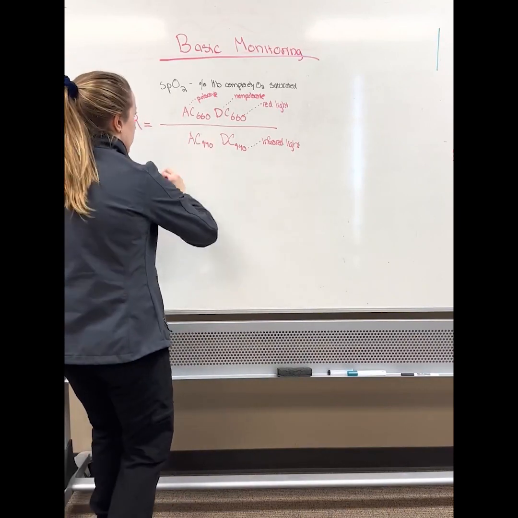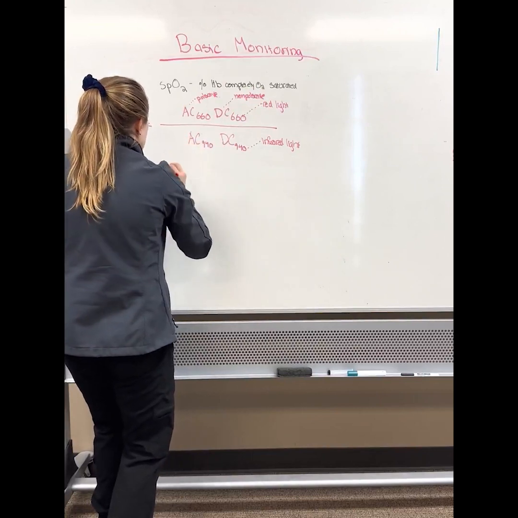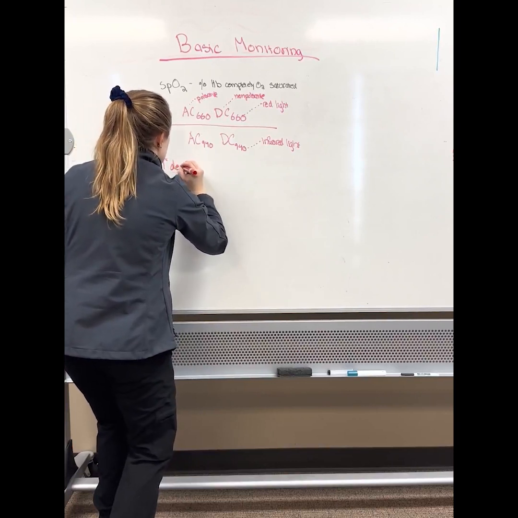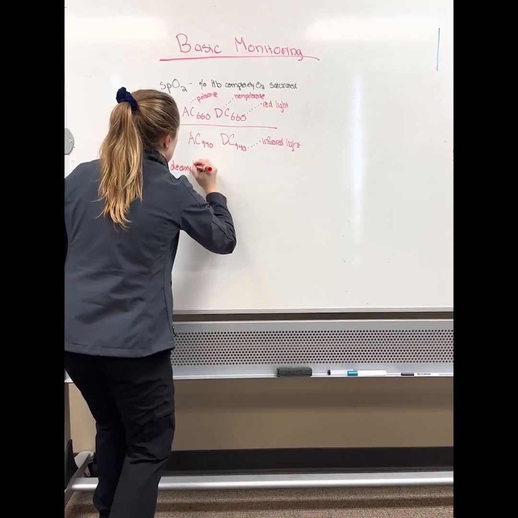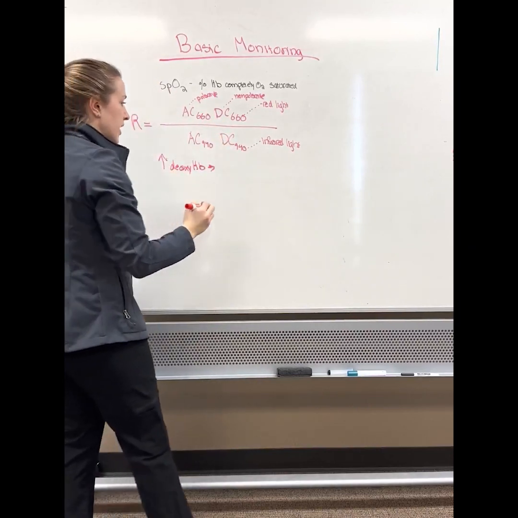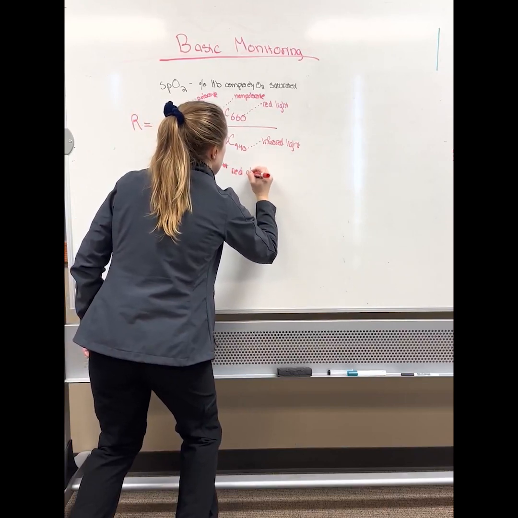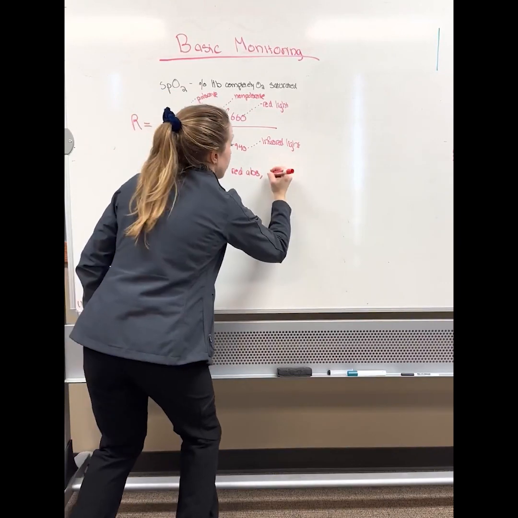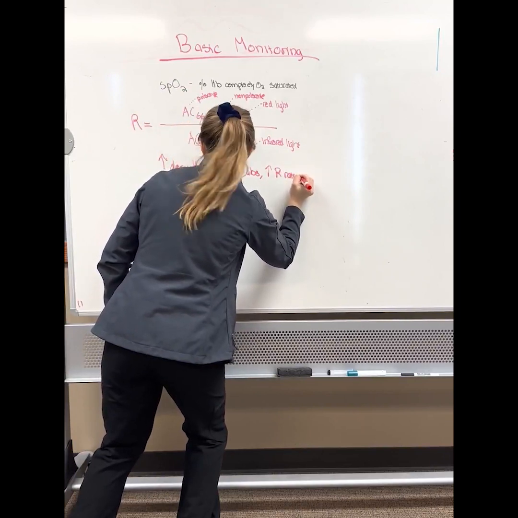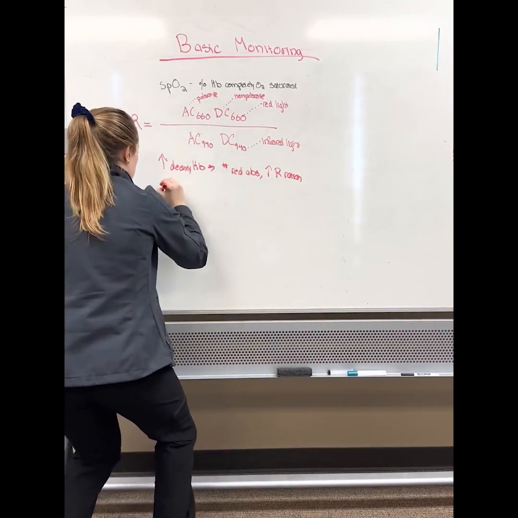So let's say you have more deoxyhemoglobin, increased deoxyhemoglobin. Basically what that means is that there's more red light absorbance, and there's a higher R ratio. Let's say your deoxyhemoglobin is lower, so your patient's saturating well.